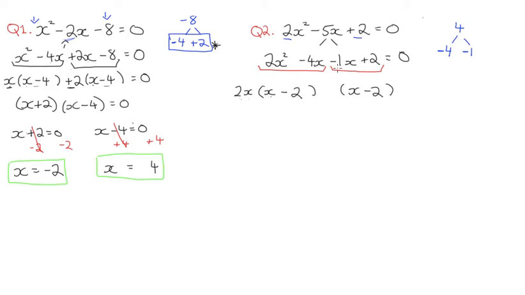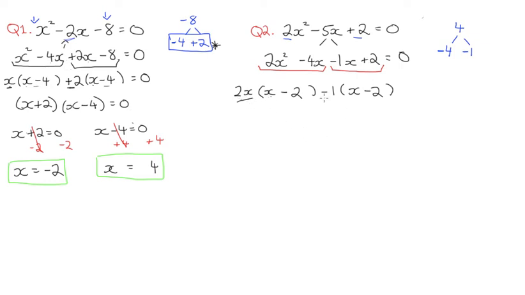Now, what do I multiply x by to make it minus 1x? I multiply it by minus 1. Minus 1 multiplied by x is minus 1x. Minus 1 multiplied by minus 2 is plus 2. Excellent, we're correct.